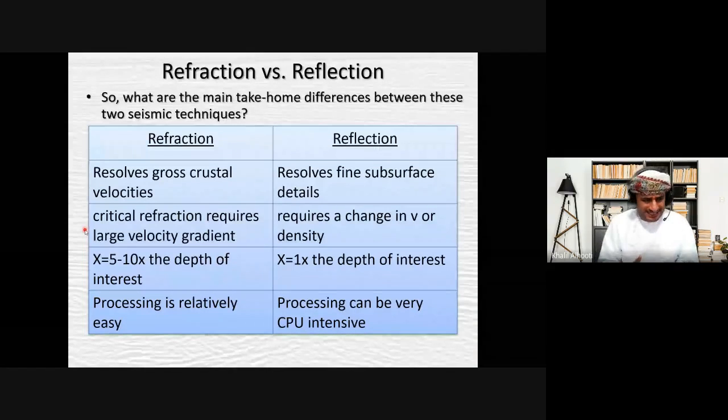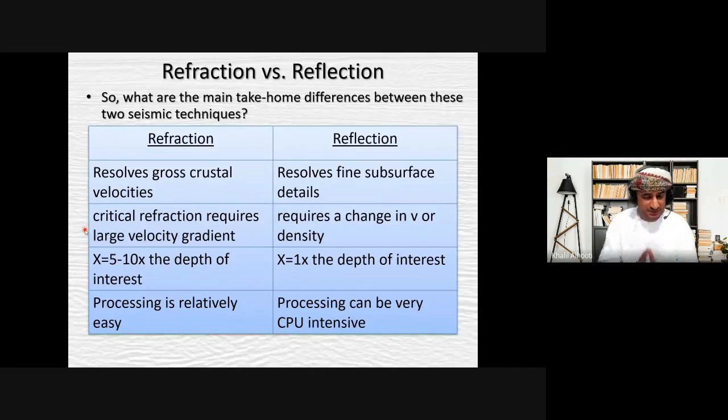Do you remember when I said, if I want to image a depth of 5 meters with seismic refraction, what is the optimum spread length for the refraction technique?